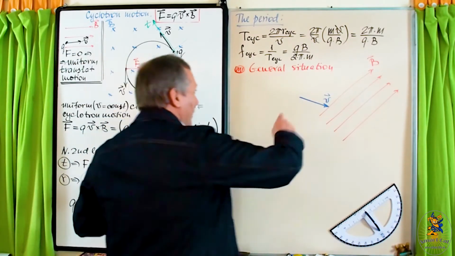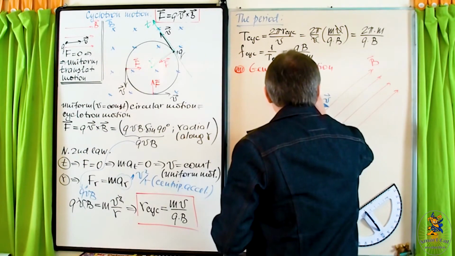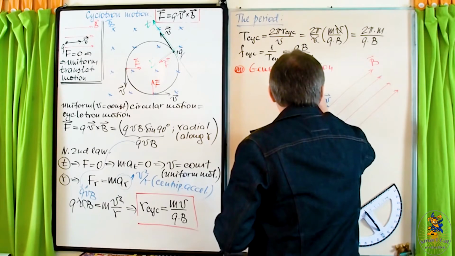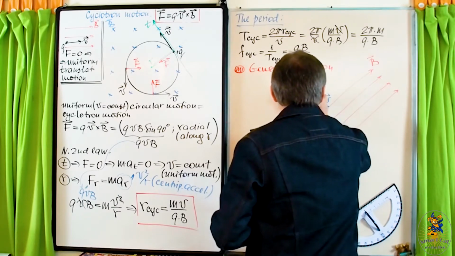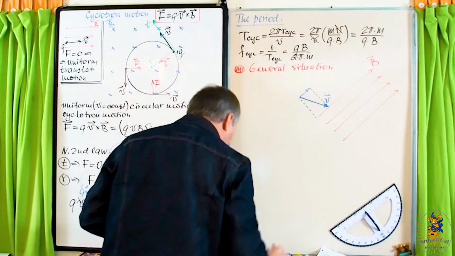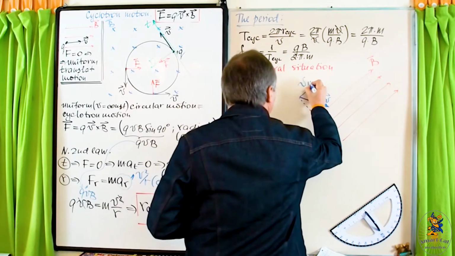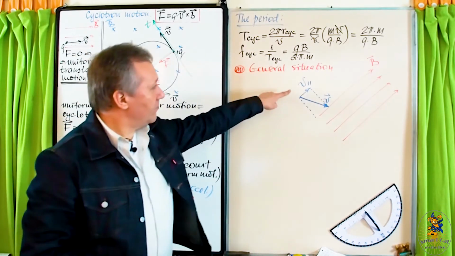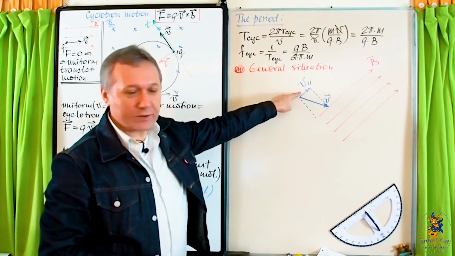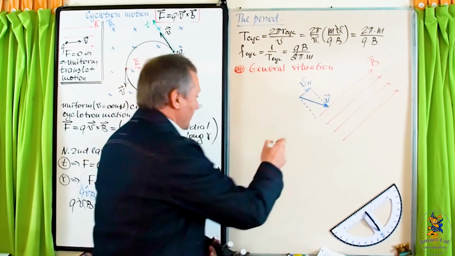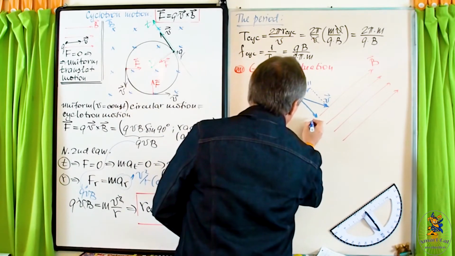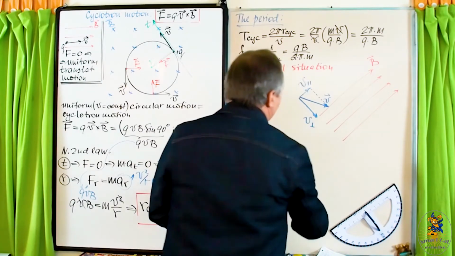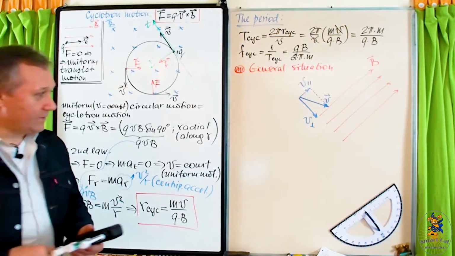Along the magnetic field line, this will be V parallel, the parallel component of the velocity, and the perpendicular component I'll draw here.